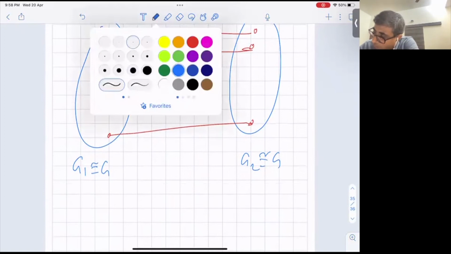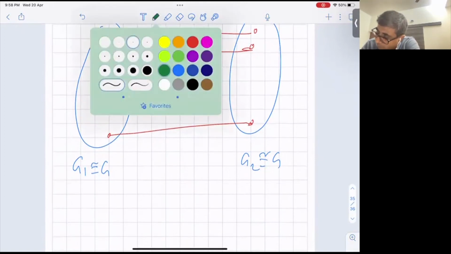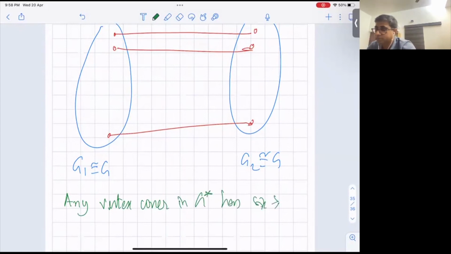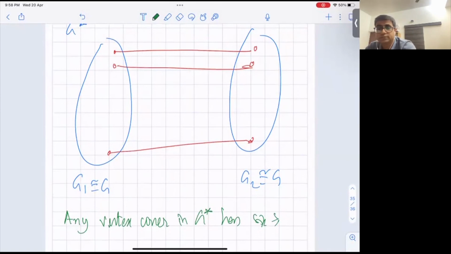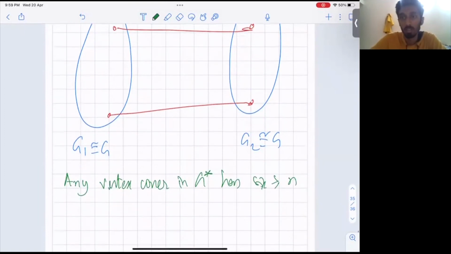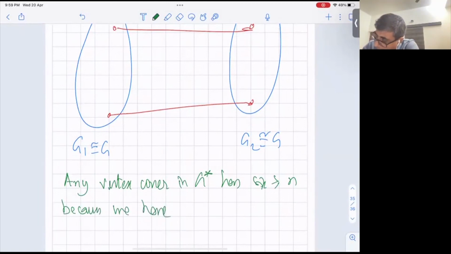I want to make the following statement: any vertex cover in G star has size at least n, because we have a matching of size at least n. Is this statement okay with everybody?